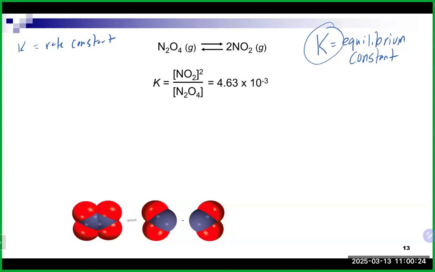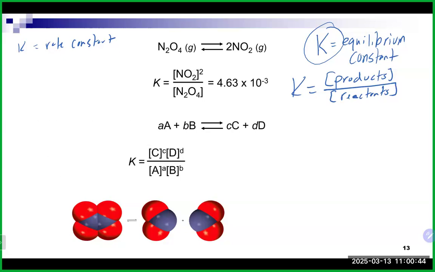And we can write an equilibrium expression for this reaction, which is essentially the concentration of our products divided by the concentration of our reactants. So it's basically products over reactants. In this case, you get something like 4.63 times 10 to the minus 3.